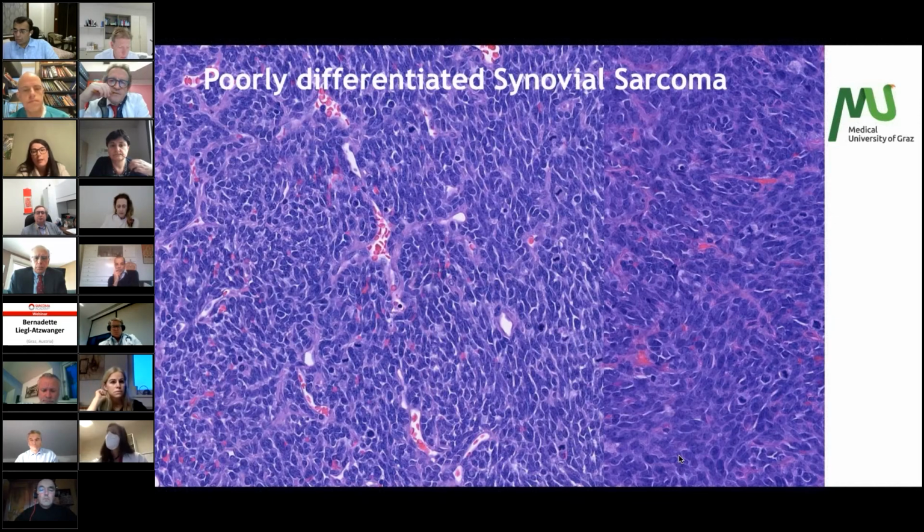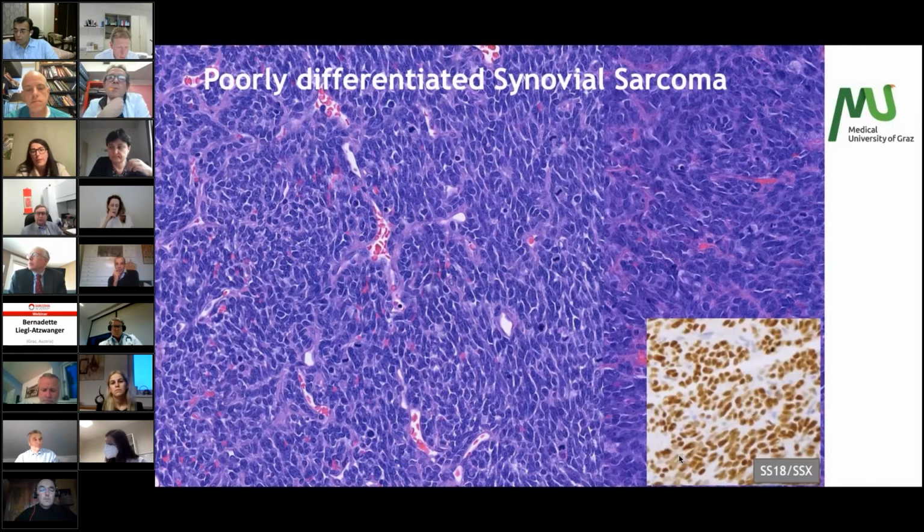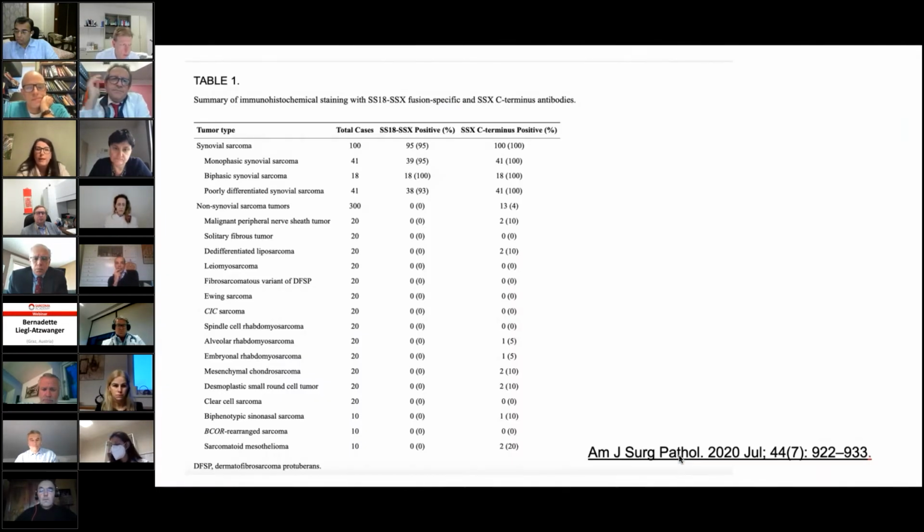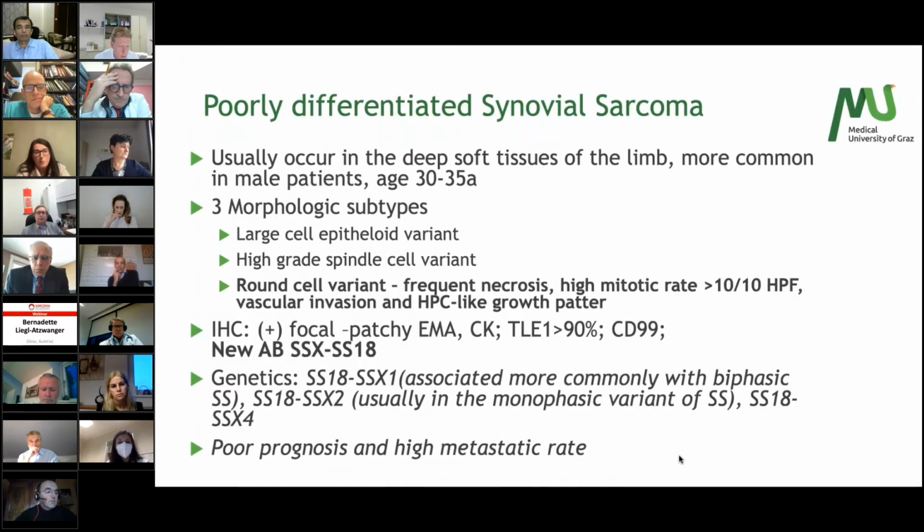And with the molecular knowledge, new fusion-specific antibodies have also been designed, like the SS18-SSX antibody, which helps a lot in the diagnostic process. These are two different antibodies proposed to be used in synovial sarcomas, and I like to use these antibodies, and they are performing very well.